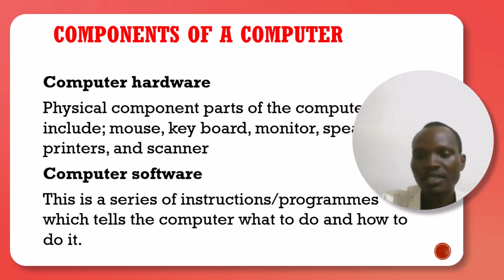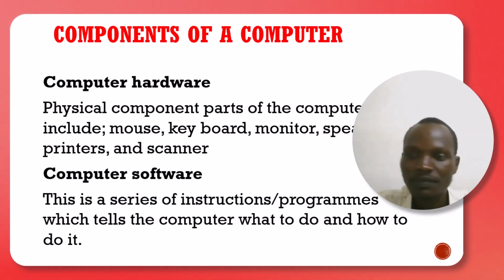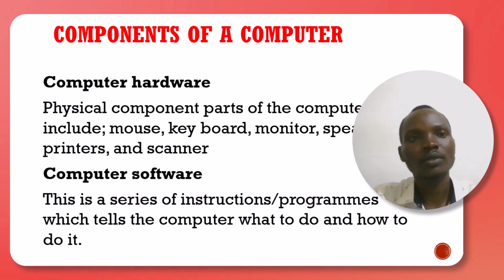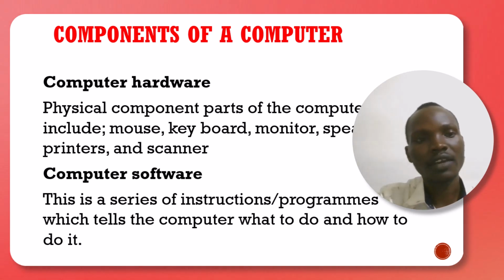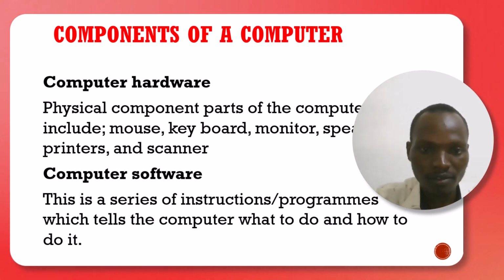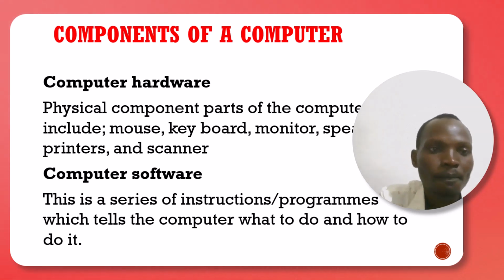A computer does not always work in isolation. It is a combination of so many parts put together to perform so many functions. So in this video also we are going to identify the different component parts of a computer which make a computer what it is.